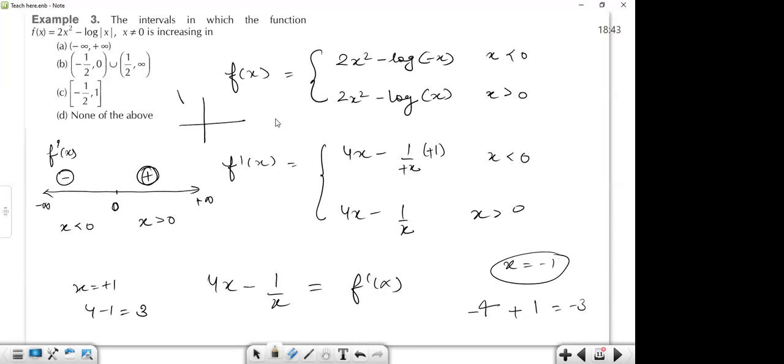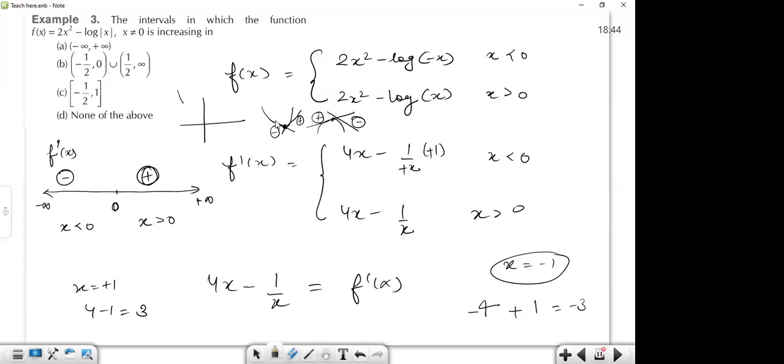when the slope changes at some point, like if this is the function's curve, and this is the point where the slope is changing. Here the slope was negative, here the slope was positive. Here the slope was positive, here the slope was negative. So here we can see the derivative of the function goes from minus to positive.